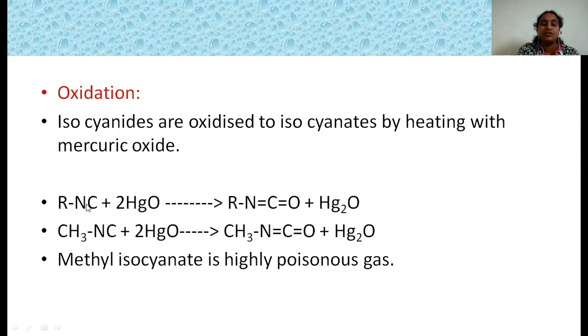So alkyl isocyanide on oxidation in the presence of mercuric oxide produces the alkyl isocyanate. For example, for this reaction, the example is methyl isocyanide reacting with the oxidizing agent, mercuric oxide, which produces methyl isocyanate. This methyl isocyanate is a highly poisonous gas.